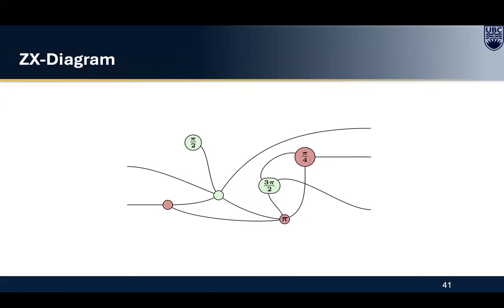Running ZX calculus uses a graph, the so-called ZX diagram, to represent the circuit. For those fault-tolerant quantum circuits, generally you can expect thousands or even hundreds of millions of gates in your circuit. Once you transfer that into the ZX diagram, that means you're going to have thousands or even hundreds of millions of nodes in your graph.